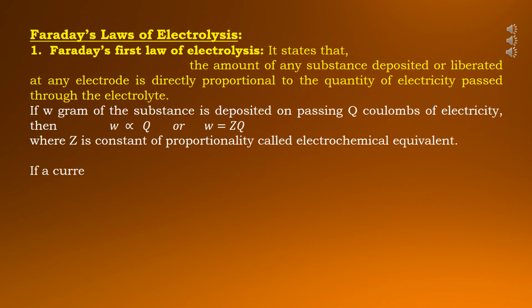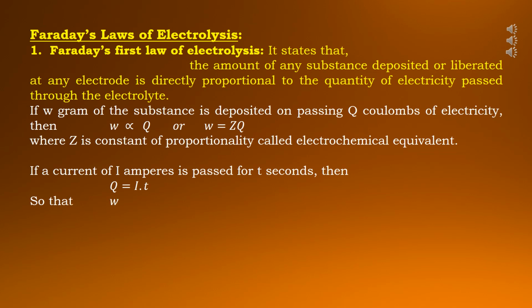If a current of I amperes is passed for T seconds, then the quantity of electricity Q is equal to the product of current and time, that is I into T, so that W is equal to ZIT.